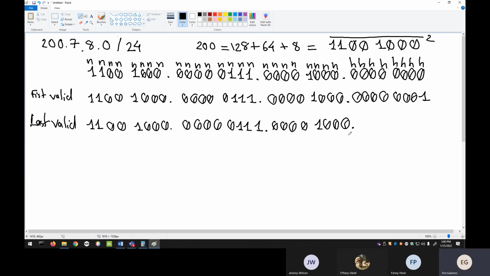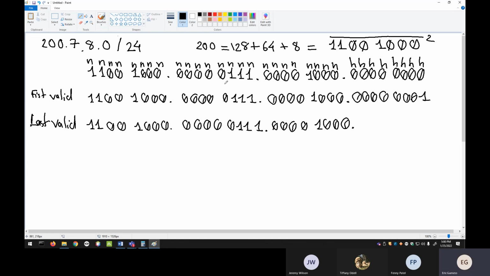So if I want the last valid, the host bits, I'm free to do whatever I want with them. So to get the last valid, what should I do? I put all of them in 1 except the last one.